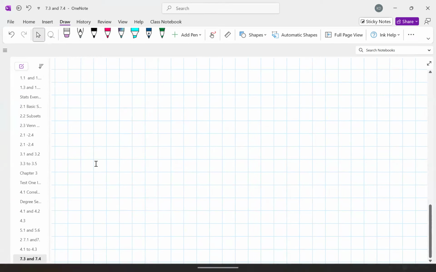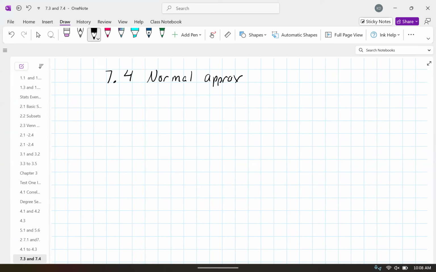That is a lot of words. So let's get those down. Approximation to binomial probability distribution.